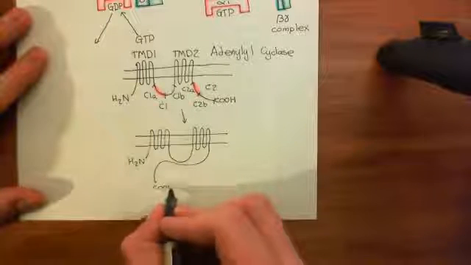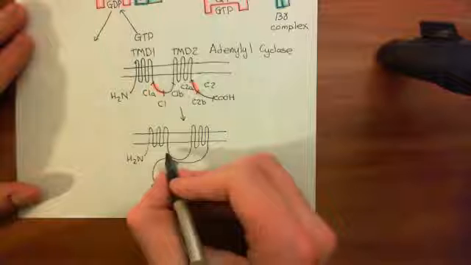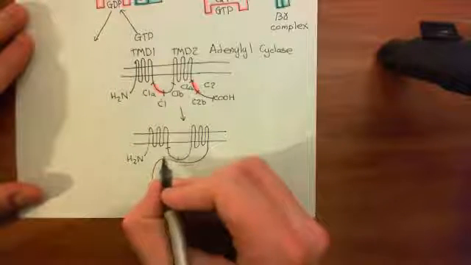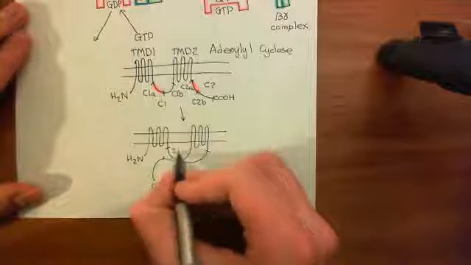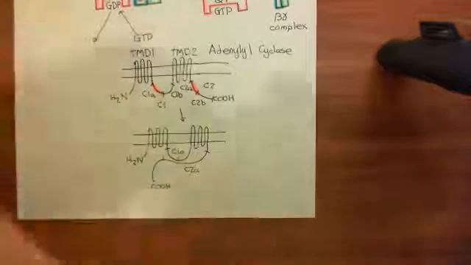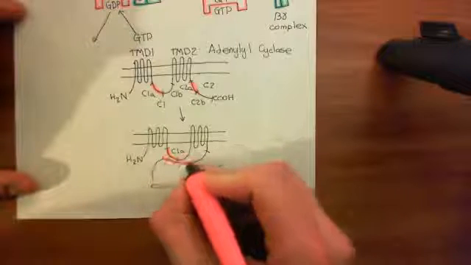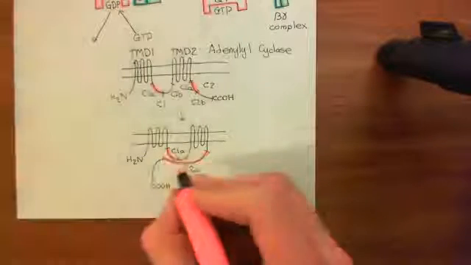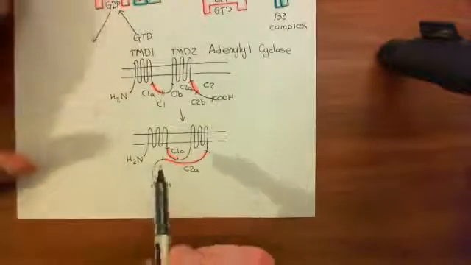I have stretched out the C-terminal tail somewhat so that I can show C1a dimerized with C2a. So this is C2a, this is C1a. To show that I've had to stretch C2a out a little bit. Here's C1a, here's C2a, and they're dimerized together now, and this is now the active enzyme.